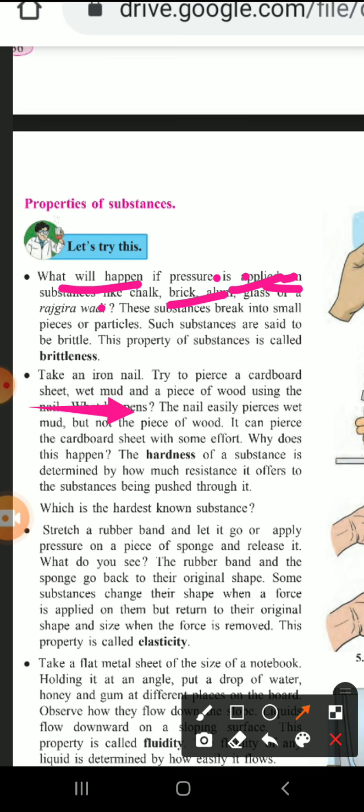Take an iron nail, and try to pierce a cardboard sheet, wet mud, and a piece of wood using the nail. What happens? The nail easily pierces wet mud, but not the piece of wood.